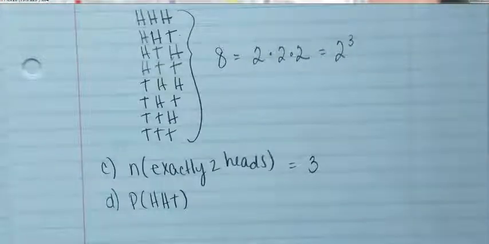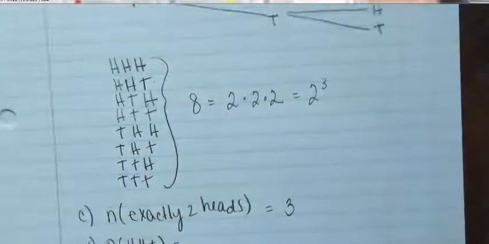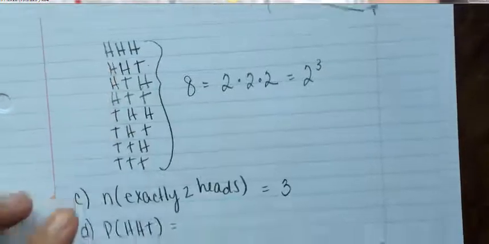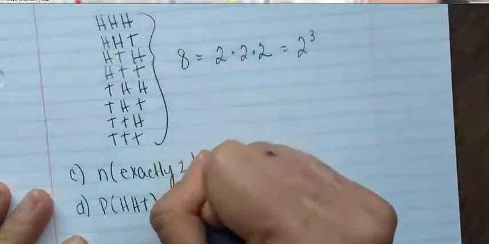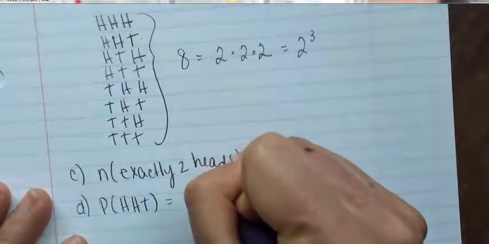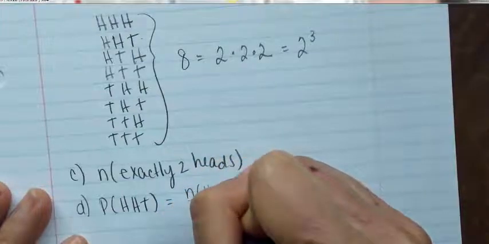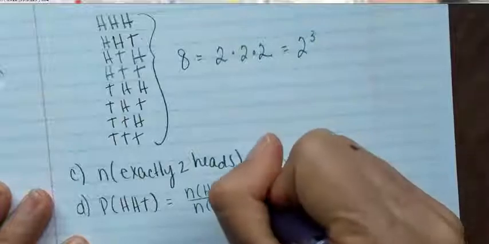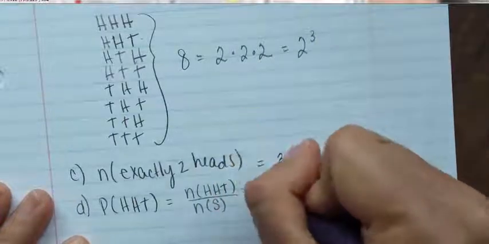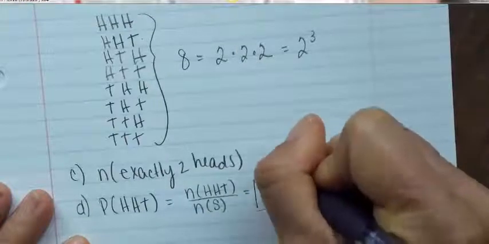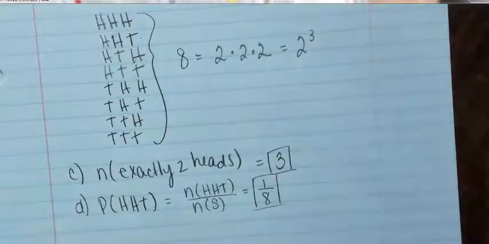How many heads, heads, tails do I have here? It looks like I only have 1. So that's the number of heads, heads, tails out of the number in your sample space. I've got 1, and the number in my sample space was 8. Should probably be circling these so they stand out.